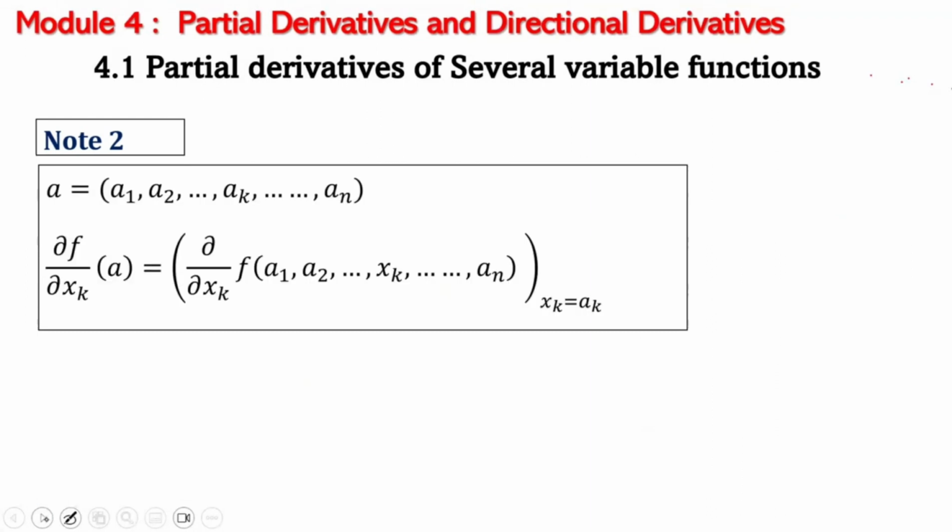In this note, we take the point A and then the partial derivative of f with respect to xk at the point A. With respect to whichever variable you are taking the derivative, you have to keep that as a variable. For the other variables you can substitute the values of the point. Means in this case, x1 equals a1, x2 equals a2, and so on, with xk remaining as the variable and xn equals an.